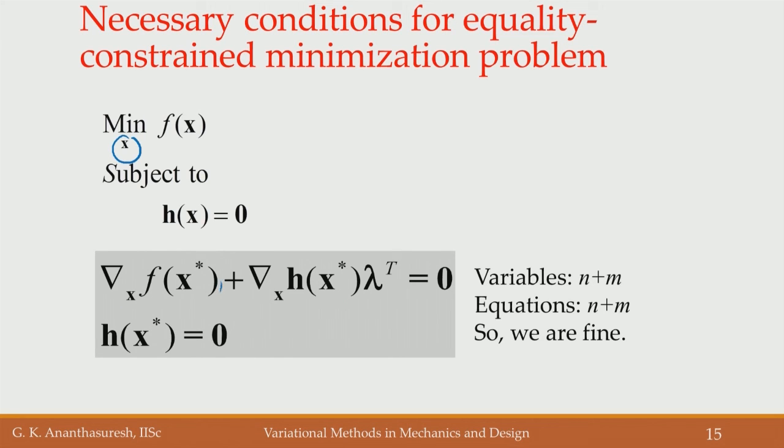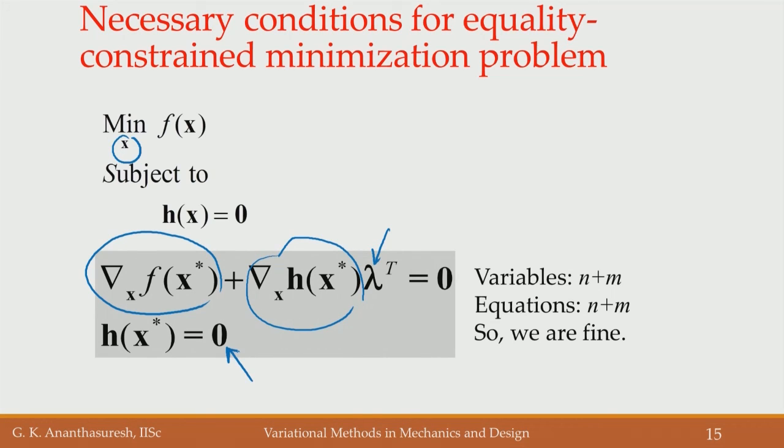There is the gradient of the objective function and the gradient of the equality constraints, and then we have this Lagrange multiplier vector, because with respect to each of these h's, h1, h2, hm, there will be a lambda 1, lambda 2, lambda m. And then we have the equality constraints themselves.